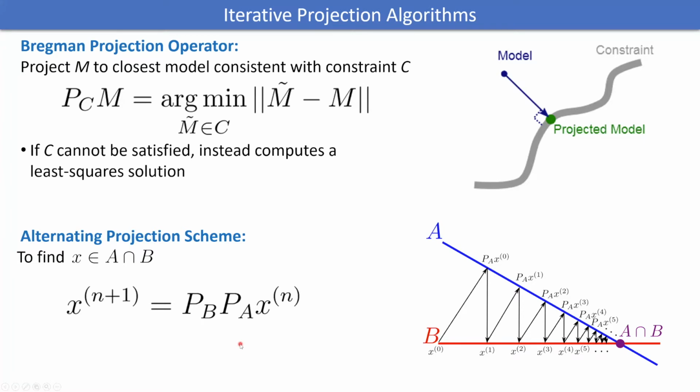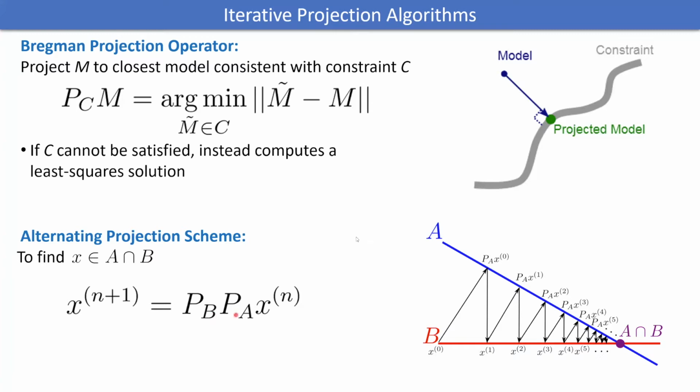And then you form projection operations for each of your constraints, PA to project onto the A constraint and PB to project onto the B constraint. And then all you do is you apply this iterative scheme where you take your current estimate at the nth iterate, xn, and then you project it to the closest point on the A constraint using the PA projection operator, and then use PB to project it onto the B constraint. And then you just keep going back and forth between those two projections until you converge to something.